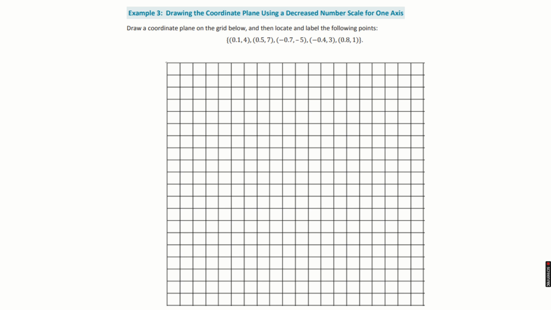Third example here is using a decreased number scale for one axis. So you'll notice the same thing with the exception that for the x values, I have a 0.1, a 0.5, a -0.7, a -0.4, and a 0.8. So not even one whole. So I can do the same thing, but instead of going by 1s, I go by 0.1s for the x-axis. The y-axis, you'll notice I have a 4, 7, -5, 3, and 1.